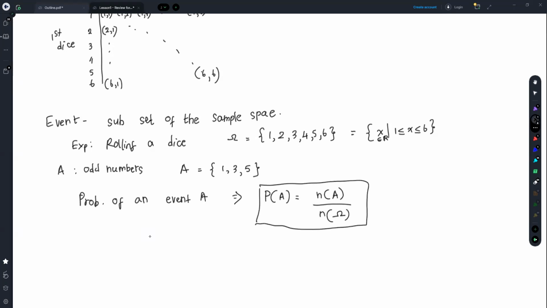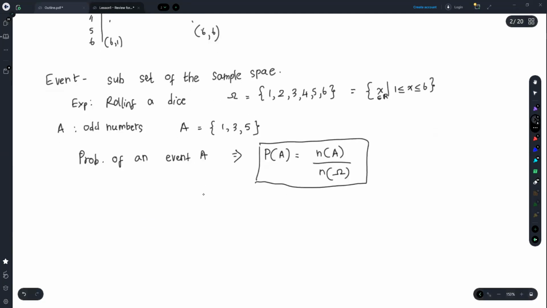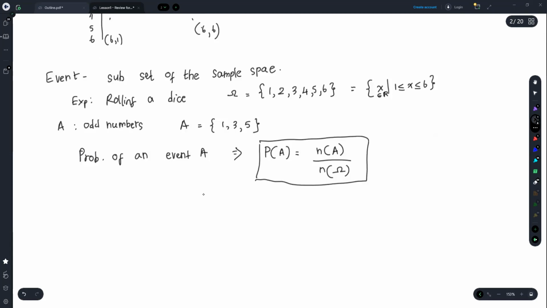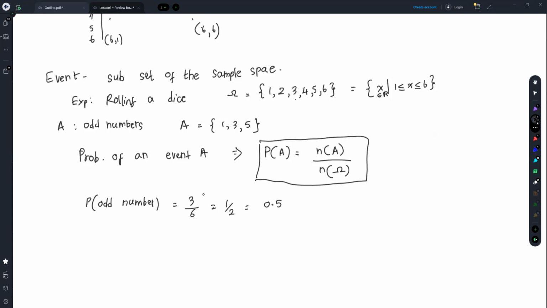That will give you the probability of event A. In this example, there are 3 numbers, so the probability of getting an odd number will be 3 out of 6 in the sample space. You can write it as a decimal value, or as a percentage. So the probability can be written as a fraction, as a decimal, or as a percentage. You have the sample space, you define an event, and if you can figure out the number of elements in a certain event, you divide it by the total elements in the sample space, you get the probability.